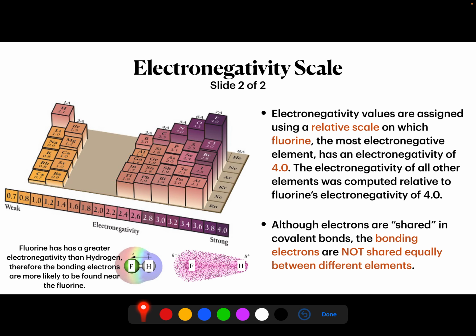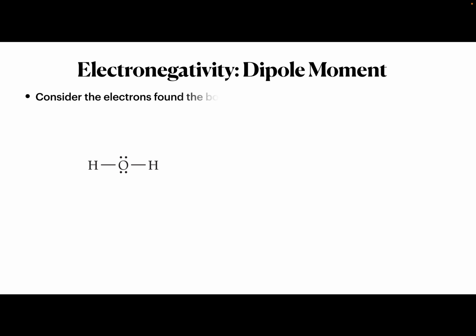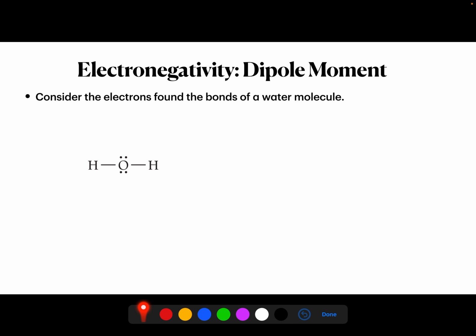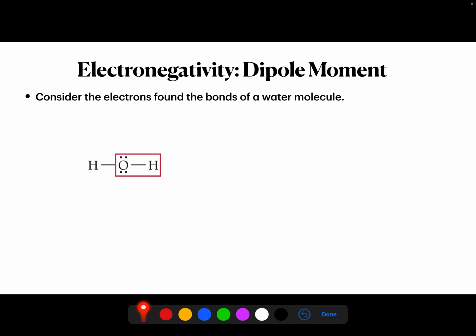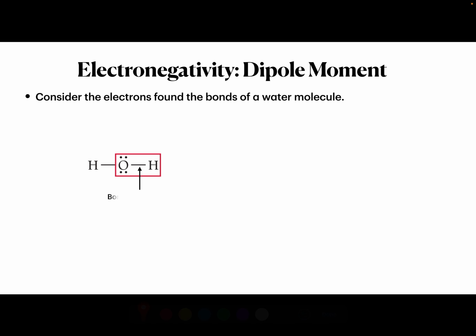So let's look at a particular molecule where this is true, and that would be a water molecule. If we look at the covalent bond linking an oxygen and a hydrogen together within the water molecule, that pair of electrons is not being shared equally.